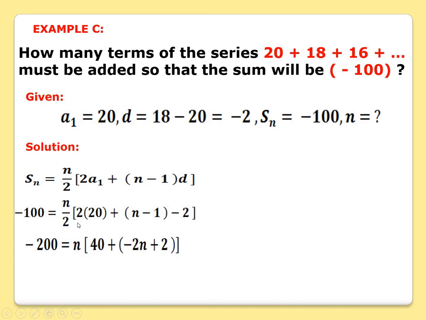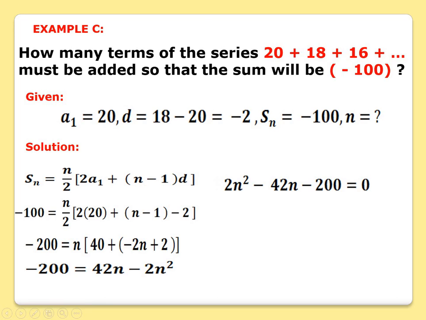And simplify further, we need to remove the 2 here, so it will become negative 200 equals n, the quantity 40 plus negative 2n plus 2 by multiplication. Simplify further again. We have negative 200 equals 42n minus 2n squared.